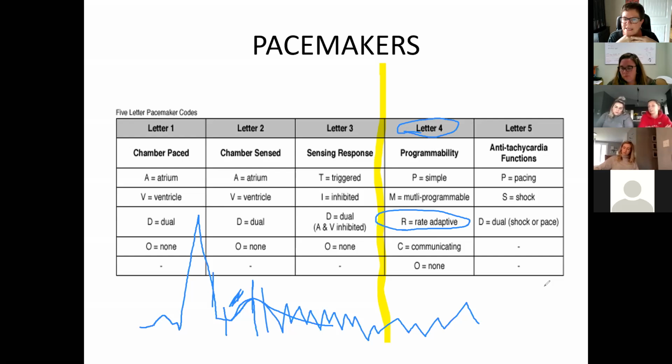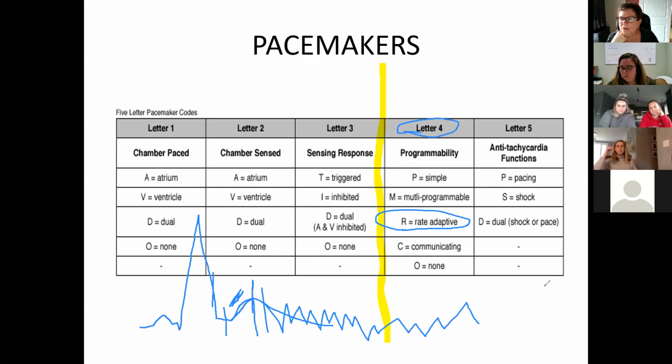Traditionally, what we see is anti-bradycardia pacing. Our patient's heart rate's low. We put in a pacemaker to fix them. But oftentimes we put in permanent pacemakers in patients.